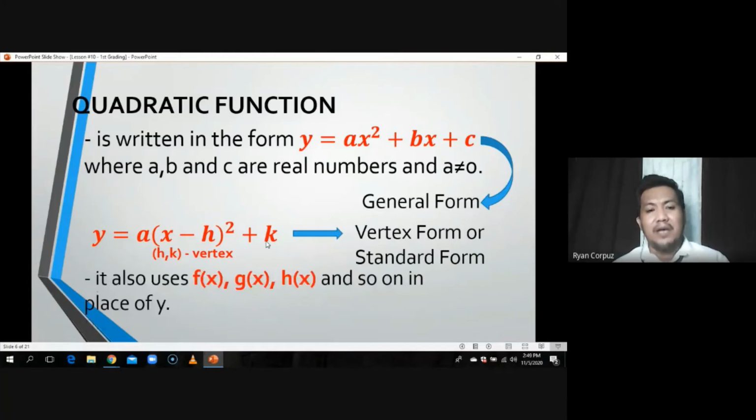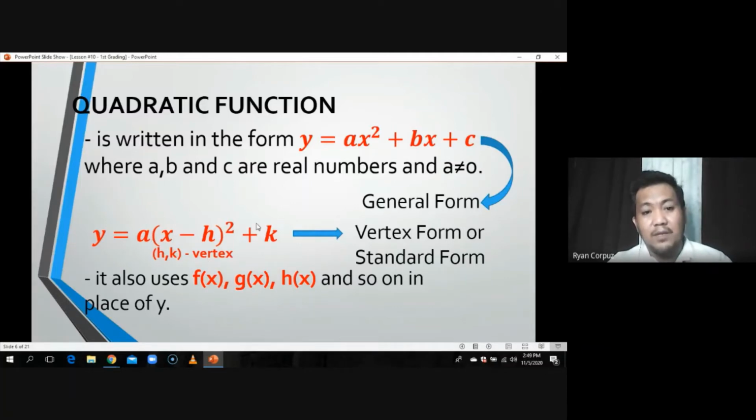So in place of y, a quadratic function also uses f of x, g of x, and h of x, and so on. Sometimes if we are given two or more quadratic functions, it's not always y is equal to ax squared plus bx plus c.